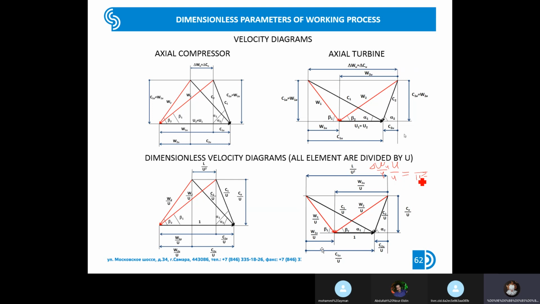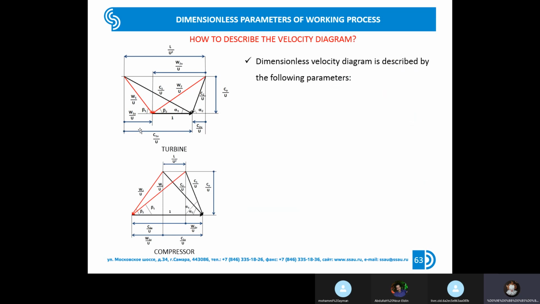This is the Euler equation. And finally, this is the specific work of the stage. And that's why we receive the specific work divided by the circumferential velocity to the second degree. This value is called the load coefficient. So that's what we finally receive.